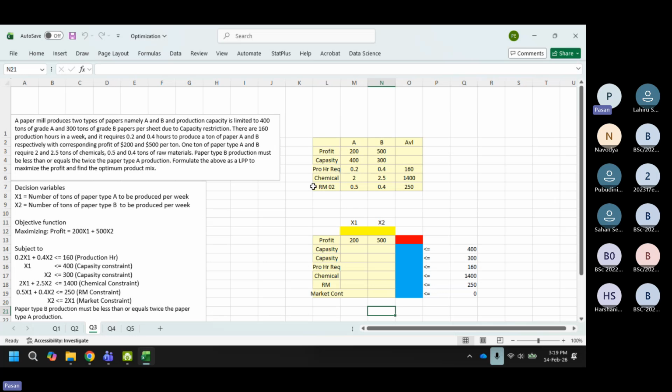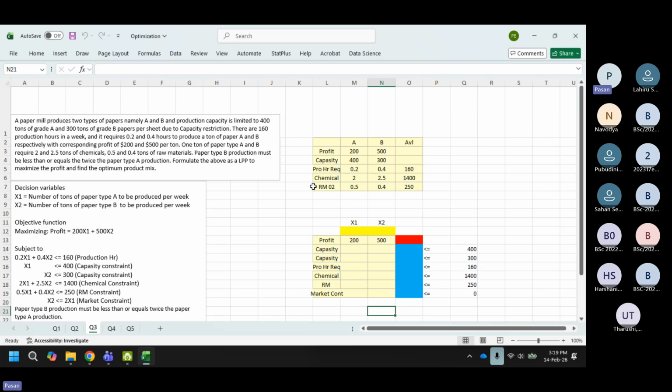So that's in terms of the tons that you are producing, right? And 1 ton of paper type A and B require 2 and 2.5 tons of chemicals, and then 0.5 and 0.4 tons of raw materials, right?